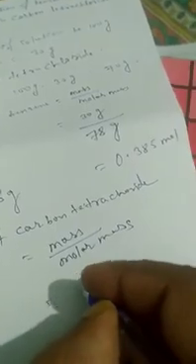Now the number of moles is equal to the given mass, 70 gram, divided by 154 gram, which will come out approximately 0.4545 mole.